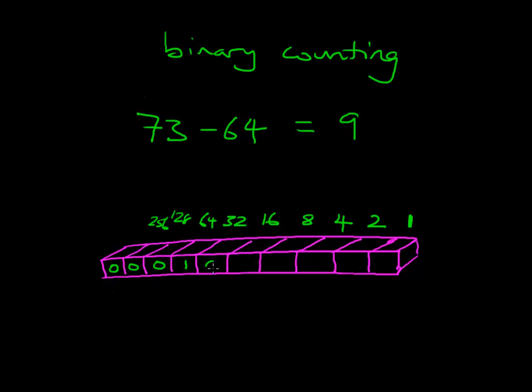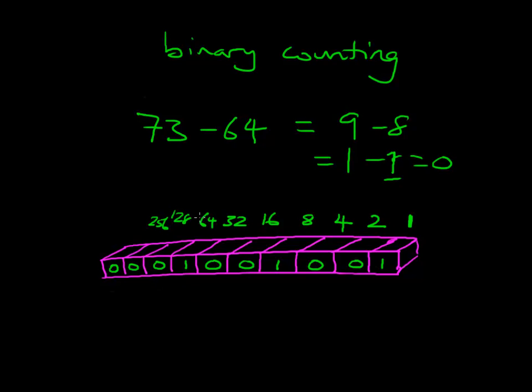So we don't need any 32's, we don't need any 16's, but we do need an 8. 8 does go into 9. So we'll take an 8. And so now we've got 9 minus 8, which is 1. So we won't need any 4's, we won't need any 2's, and we will need that final 1. 1 minus 1 is 0, and so we're done.